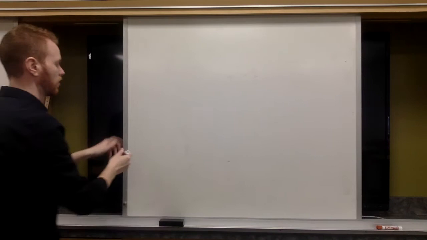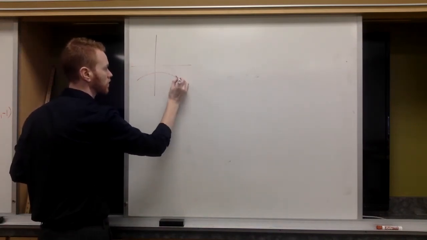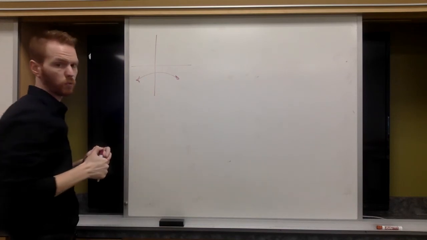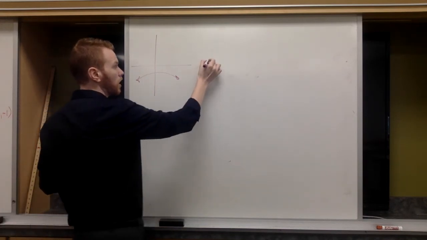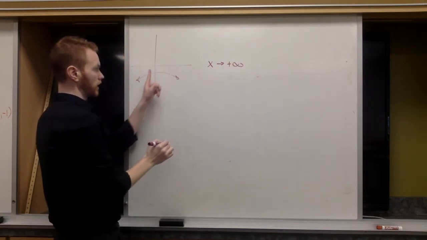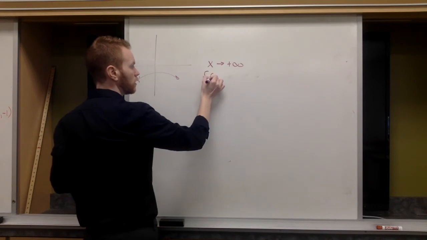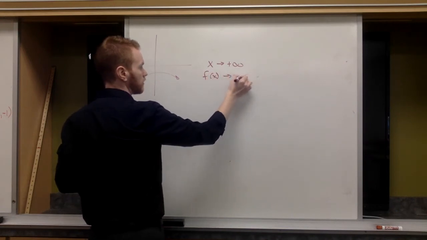There we go. Okay. So it looks like this. Okay. So what's the end behavior telling me? Well, as x goes infinitely positive, okay, this direction, my y values are going to go infinitely negative.